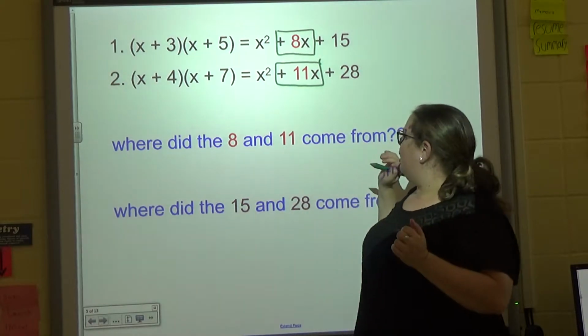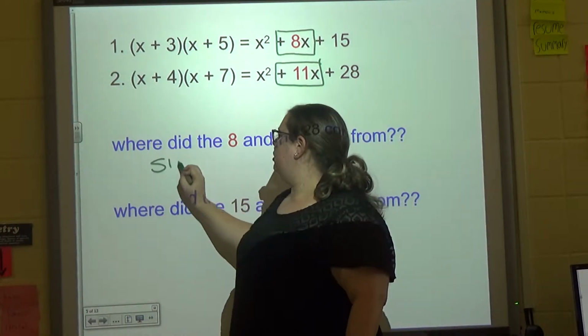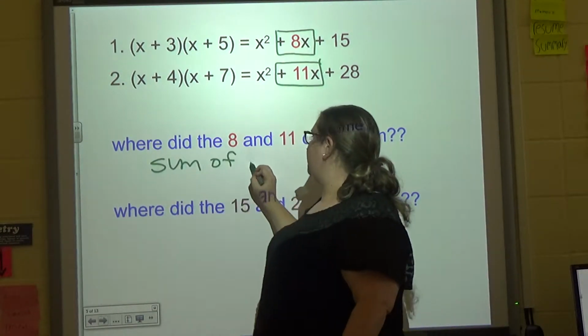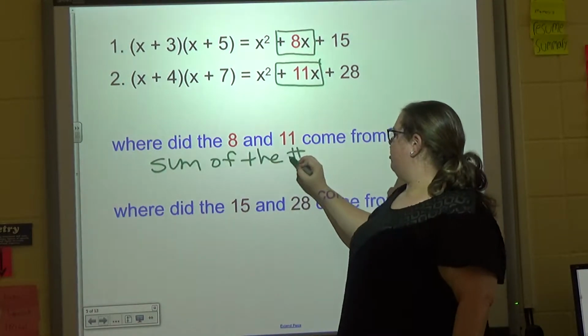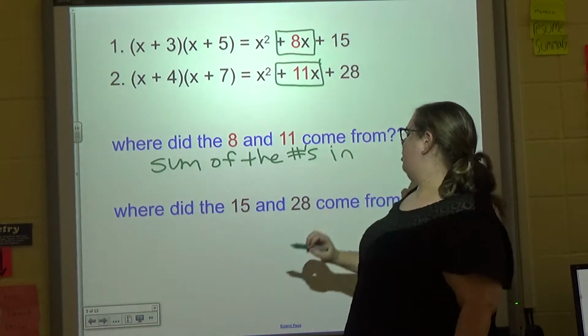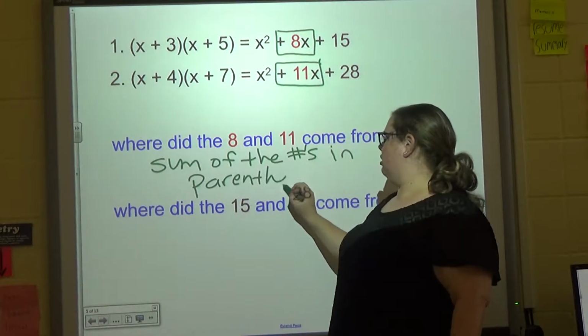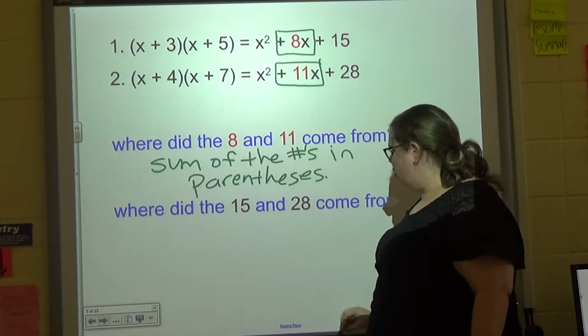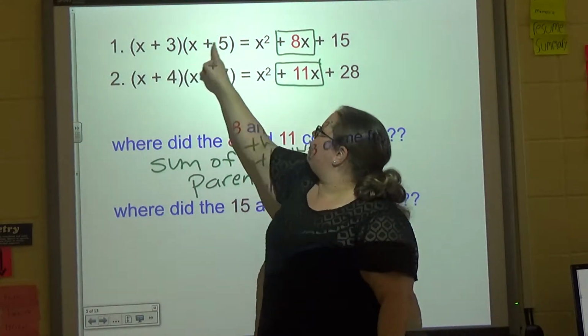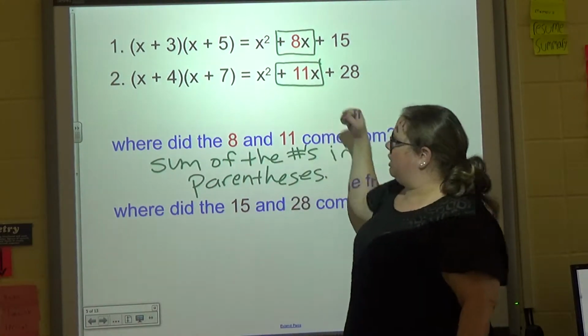So the 8 and the 11 come from the sum of the two numbers in parentheses. So we added up these two numbers. 3 plus 5 is 8. 4 plus 7 is 11.